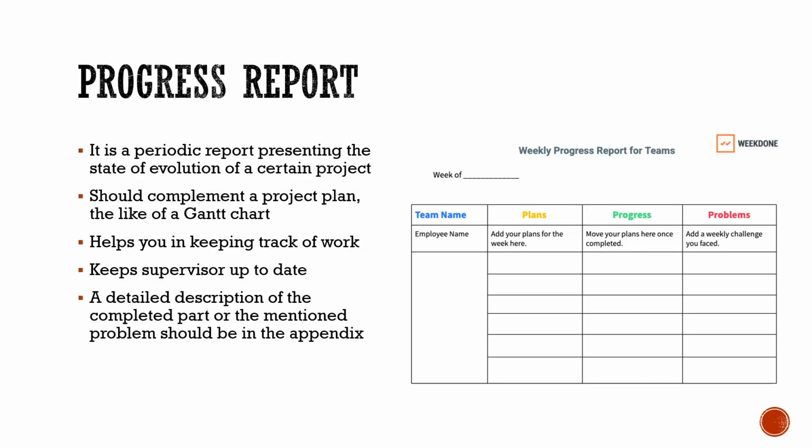This way, you have a detailed report on every step that you did and when you did it. So when you end your project, let's say 4 months later, you might have forgotten the details. So you go back to these smaller reports and you combine them together to write your final report.